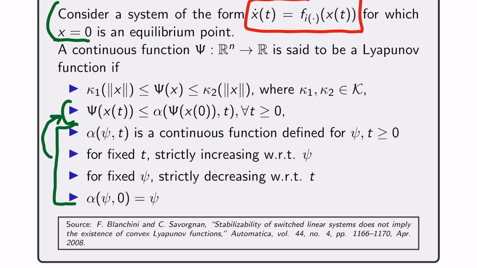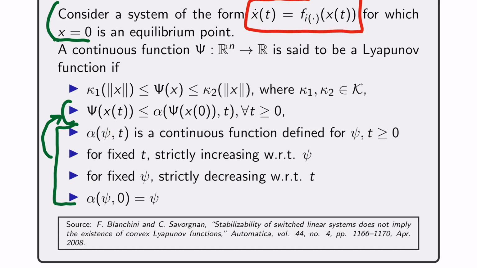Then, when you fix t, it needs to be strictly increasing with respect to the first argument. And when you fix the first argument, it needs to be strictly decreasing with respect to the second argument.